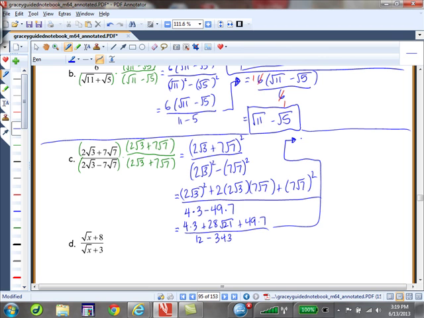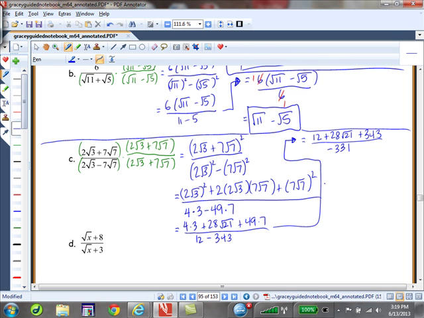So we will have 12 plus 28 times root 21 plus 343 in the numerator. 12 minus 343 is going to be negative 331.